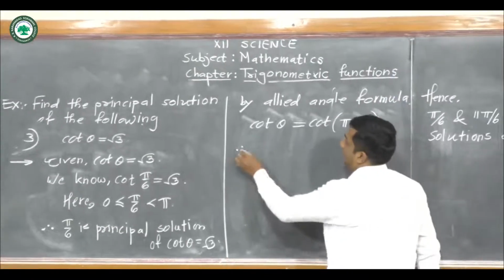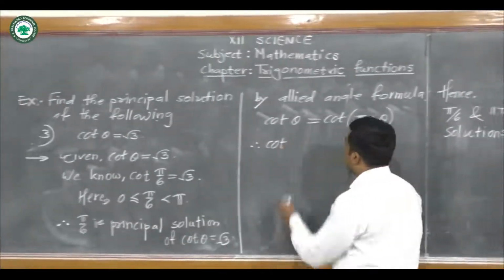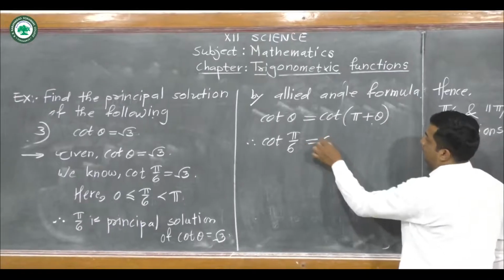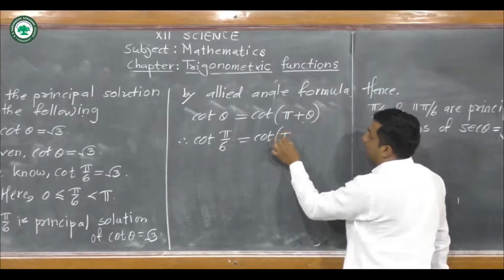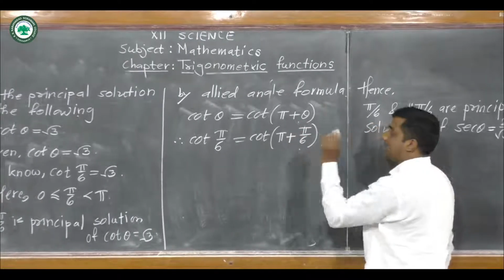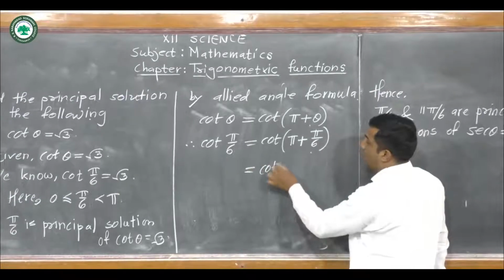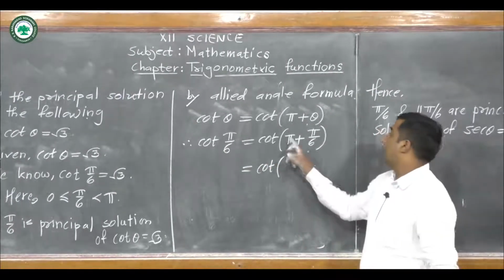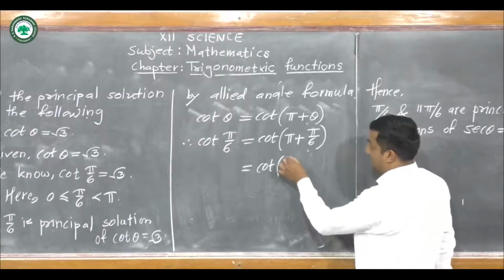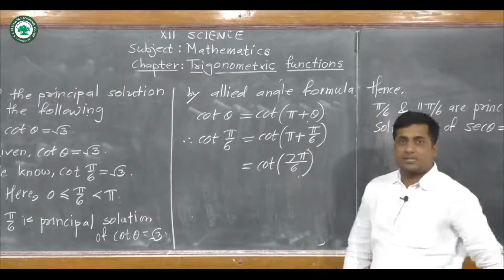Okay, so here cot of, we know first solution is pi by 6, so we replace theta by using pi by 6. Cot of pi by 6 is equal to cot of pi plus, we replace theta again by using pi by 6. Now this is equal to cot of pi plus pi by 6, which is 7 pi by 6.